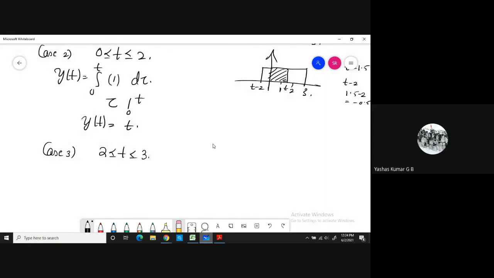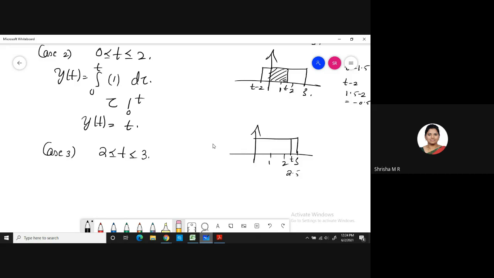Okay, ma'am. So next, I'm assuming my t is between 2 and 3. Next case. So this is x of tau, 1, 2, 3. Now I'm assuming t is between 2 and 3, that is, I'll assume it as 2.5.